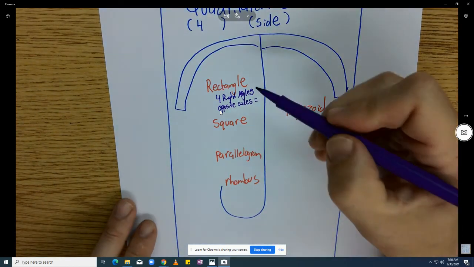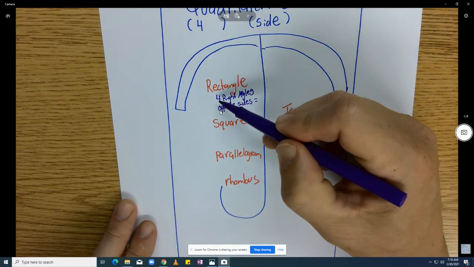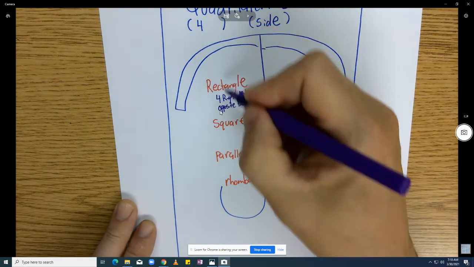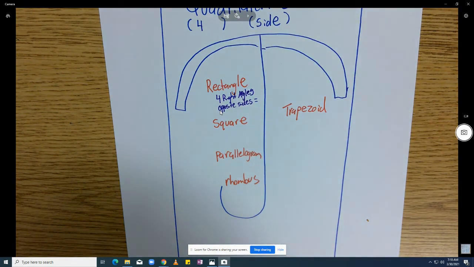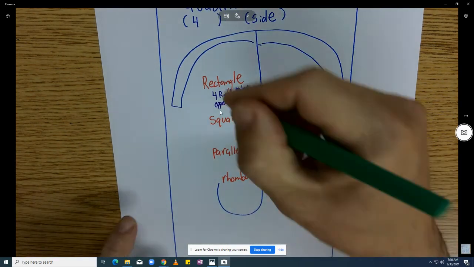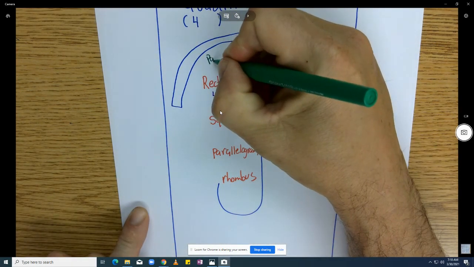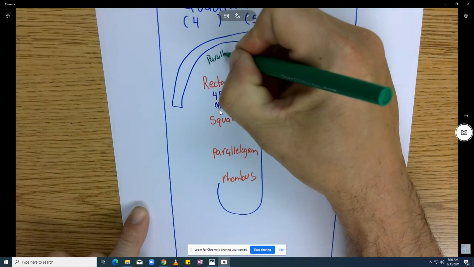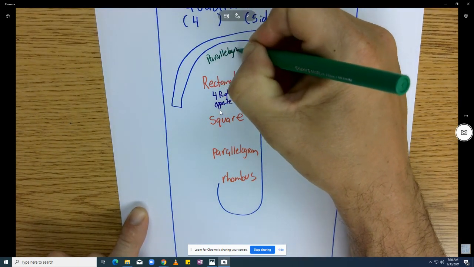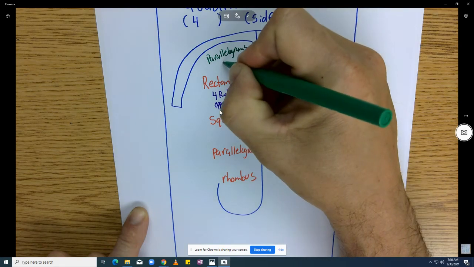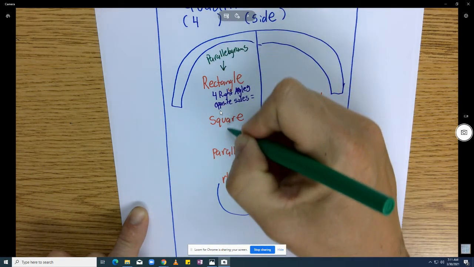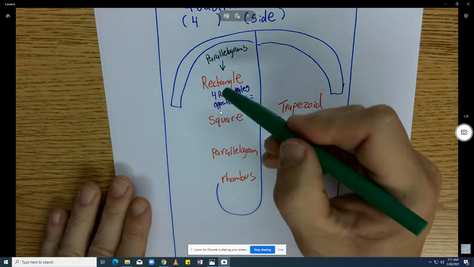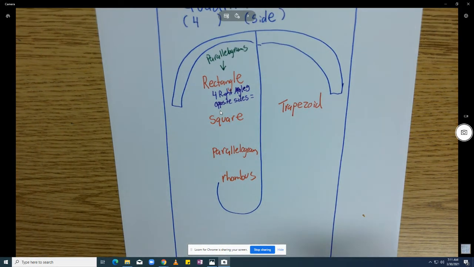And all of these 4 on this side, let me do it in green, are all parallelograms. These are all parallelograms, all of these. Why? Because they all have 2 sets of parallel lines.